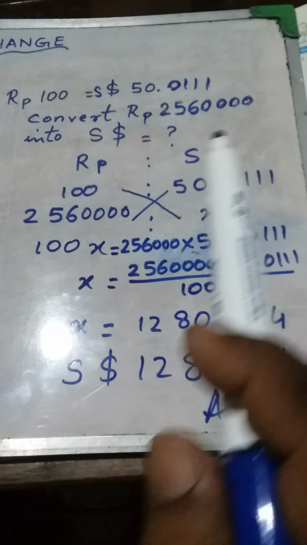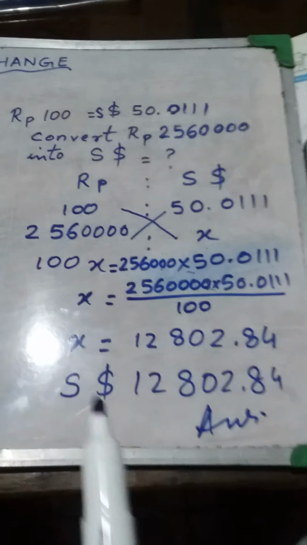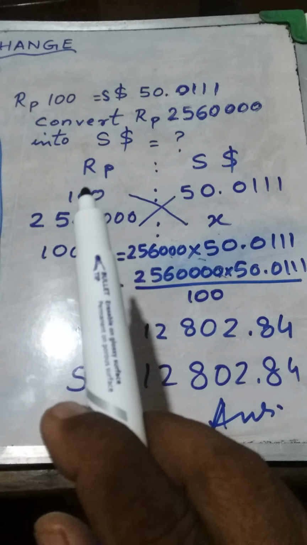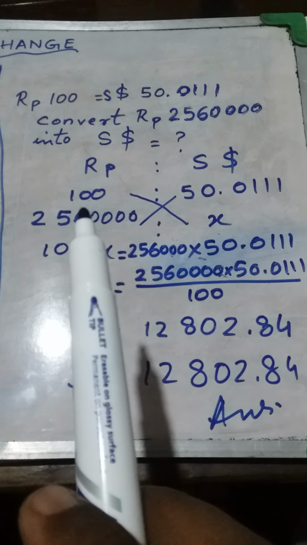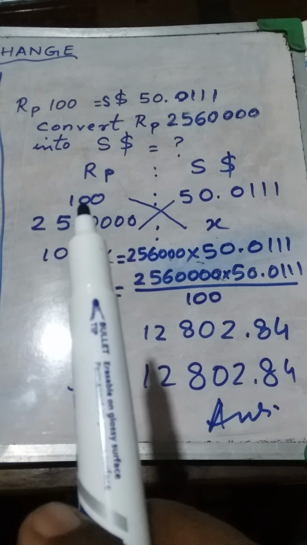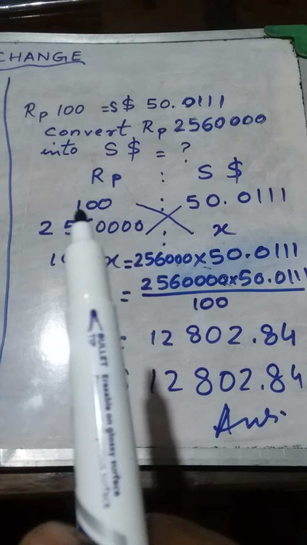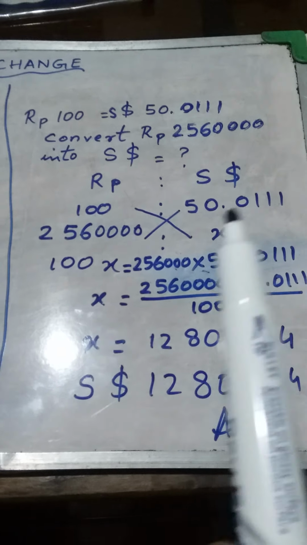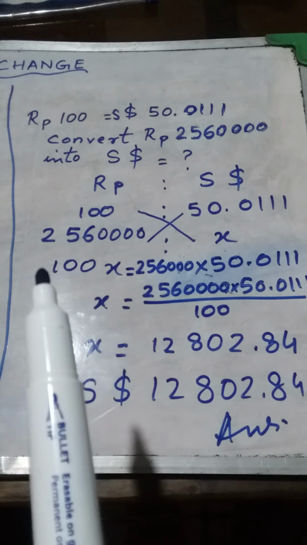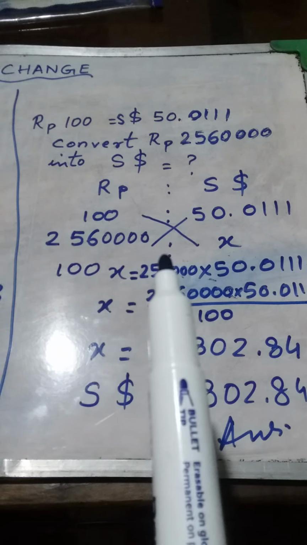This amount we have to convert into Singaporean dollar. So first we will make the ratio: 100 Indonesian rupiah is equal to 50.0111 Singaporean dollar.